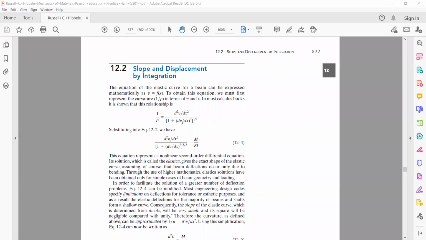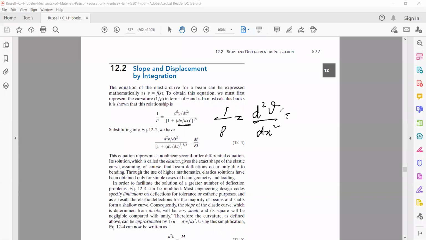So we can neglect this d nu by dx in the case of beams, because we want the beams to have the least slope. The slope of the curves should be small, because if you have large curves, it means the beam has sagged and the failure chances are more. So we can write 1 by rho is equal to d2 nu by dx2.